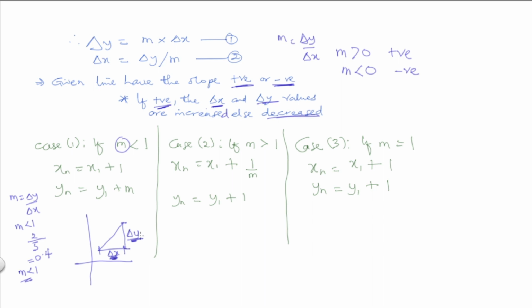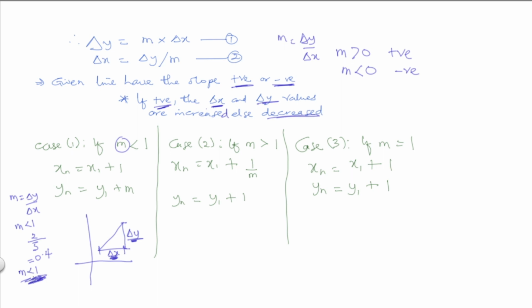So in other words, the change in y value will be small, the change in the x value will be more than that of the y value. Hence, we will have the slope being less than 1 over here.